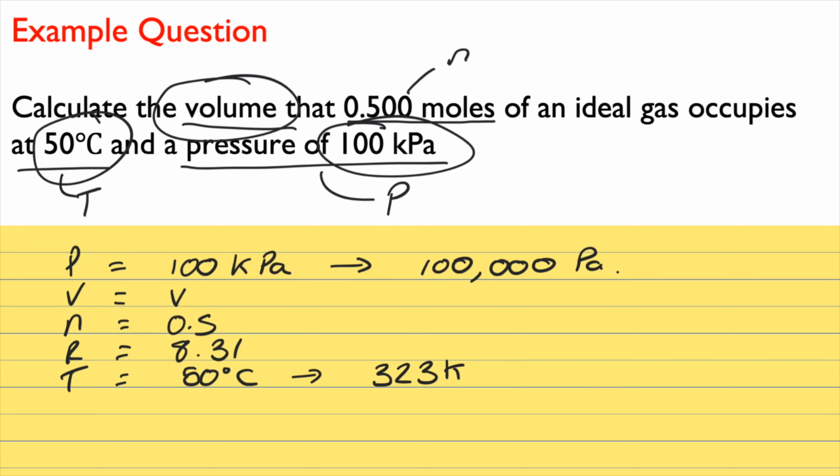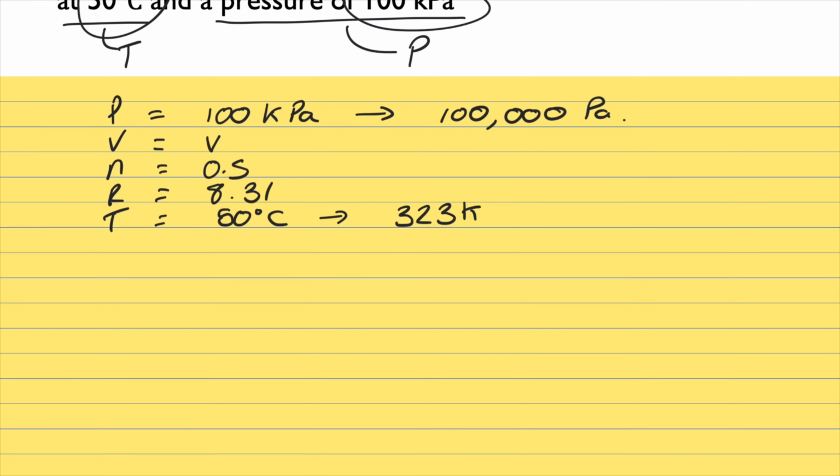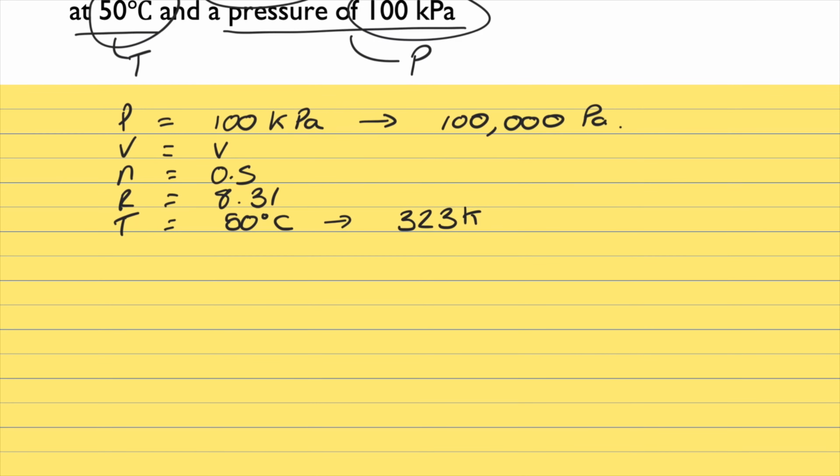So PV equals nRT, which we need to rearrange in terms of V, which is volume. So I'm just going to divide both sides by P, gets rid of P on the left and puts P on the bottom. So V equals nRT over P. And then I just pop these numbers in.